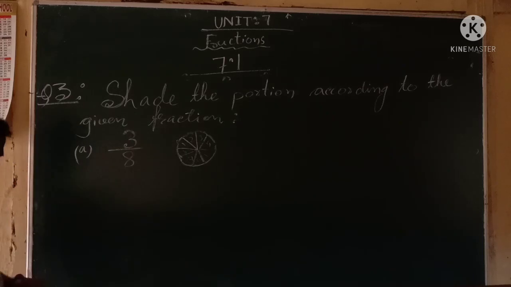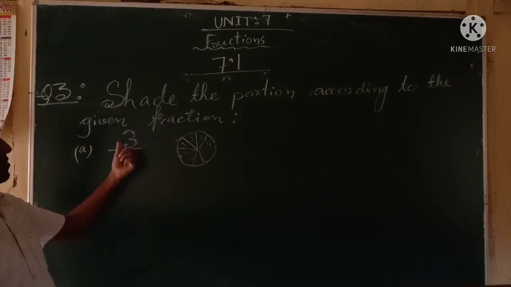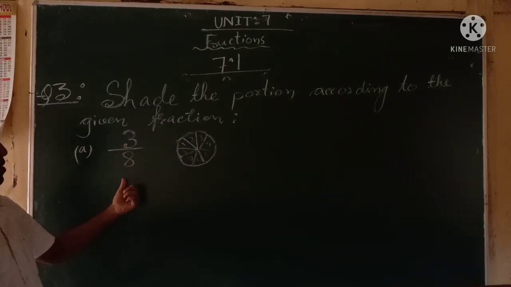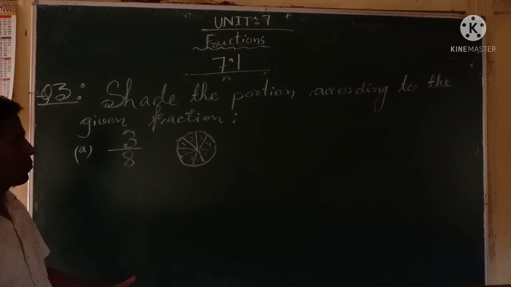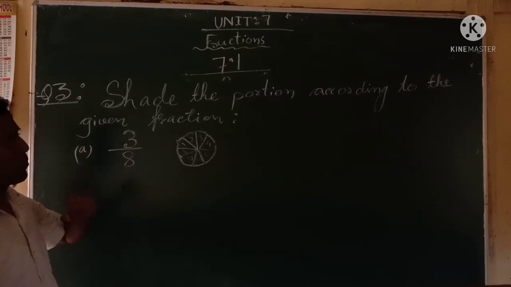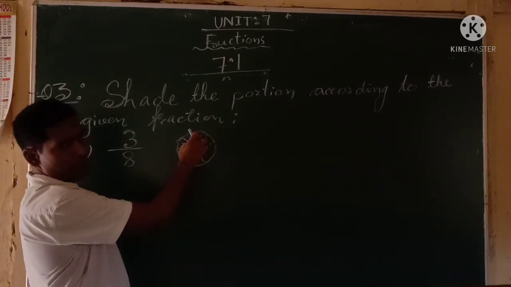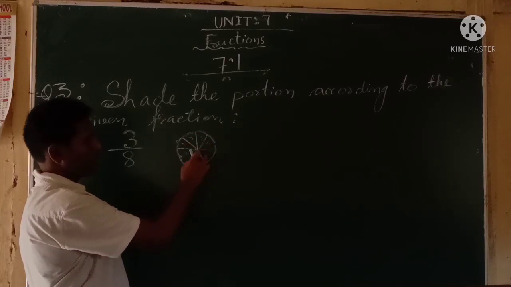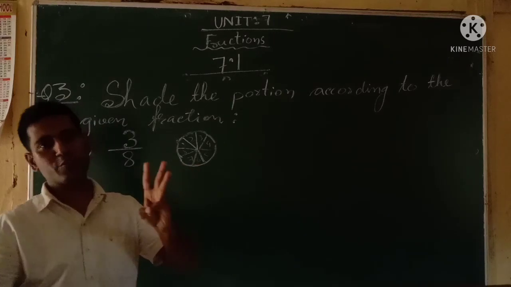That means here the number of parts to be cited is 3 and the number of total parts is 8. So it's a very simple question, nothing much to do. We'll just set any 3 parts. We can set 3 consecutive parts, or 1 here, 1 here, 1 here, anywhere. By any means you have to set 3 parts.